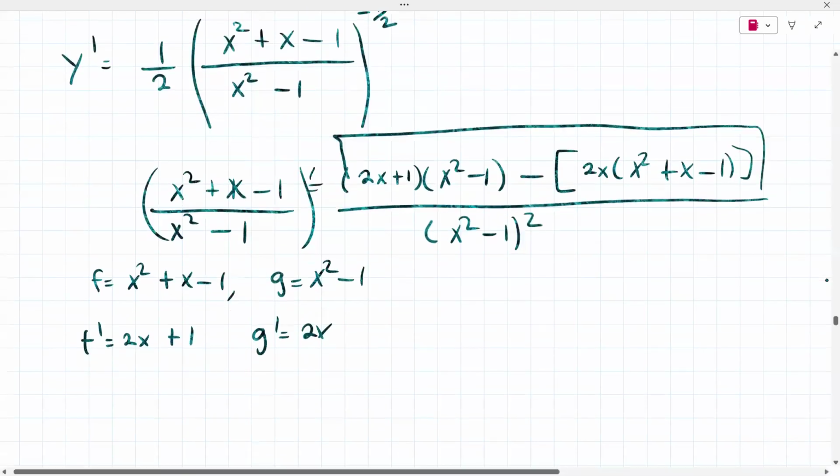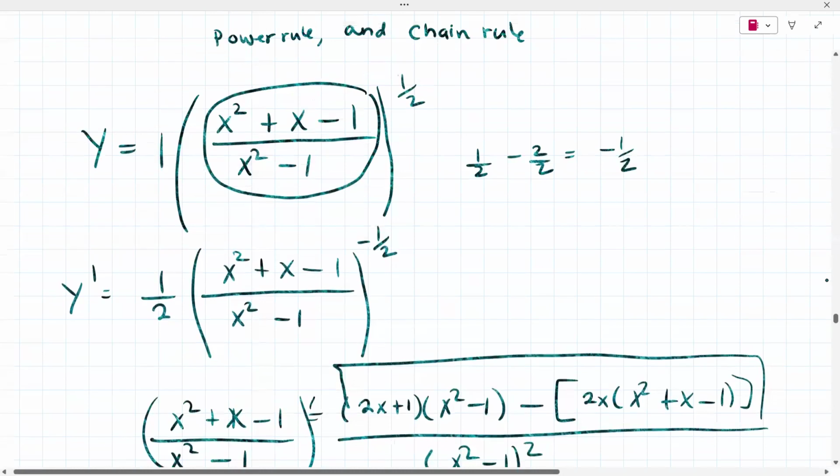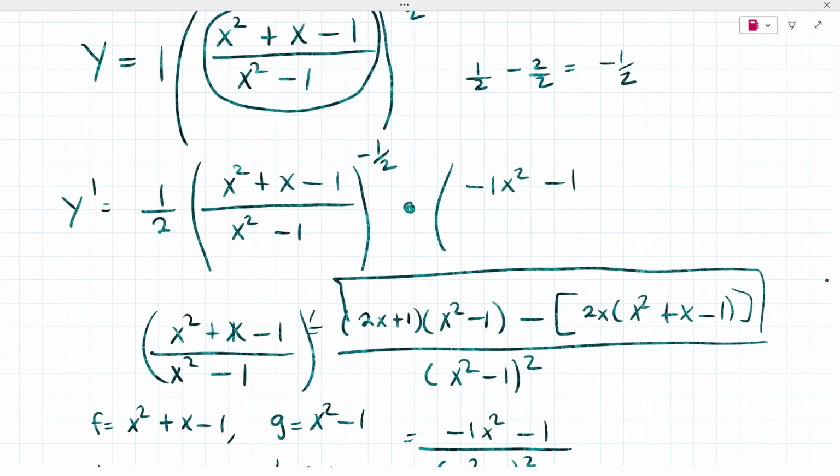So the numerator, when you FOIL it out and distribute this minus, etc., you should get negative 1x squared minus 1, and then on the bottom, it's still the same. Okay, so that is the derivative of this. So you could say times the derivative of that, which is negative 1x squared minus 1 over (x² - 1) squared.